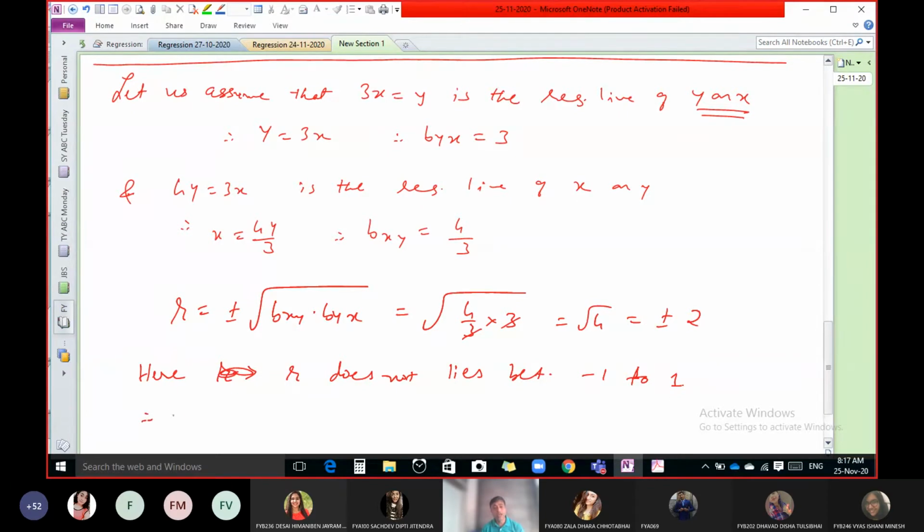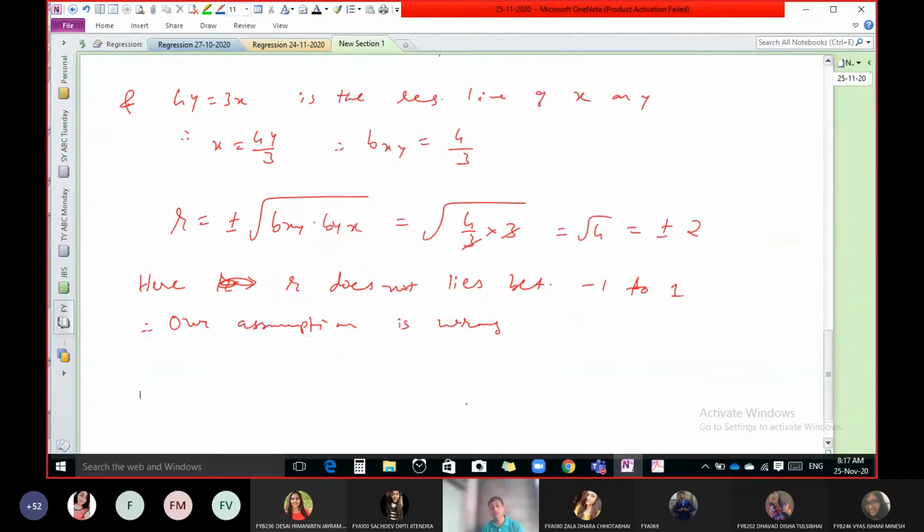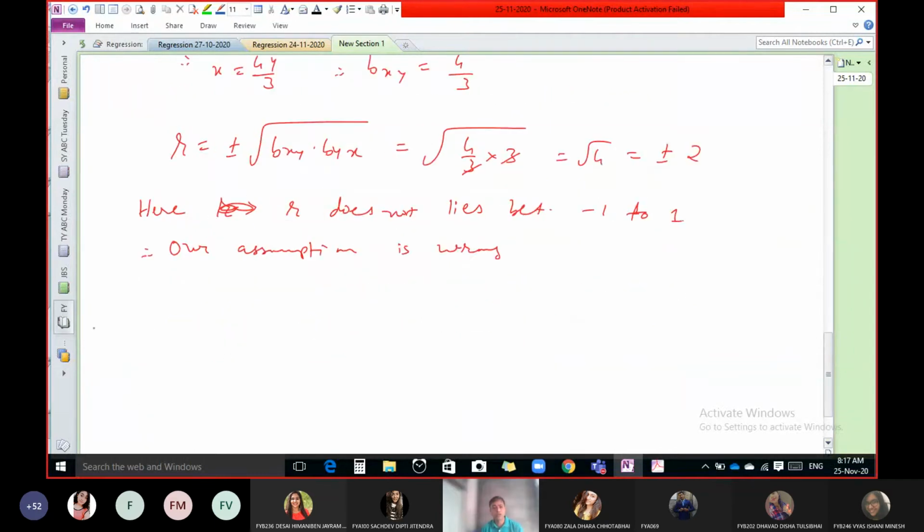So our assumption is wrong. You have to write like this: our assumption is wrong. That is why we have to assume the first one is a regression line of x on y and the second one is the regression line of y on x. But it is not required for this question, because by chance our assumption becomes true.